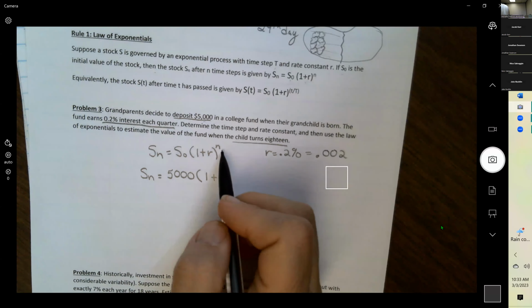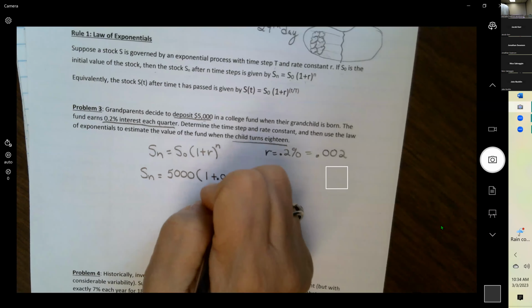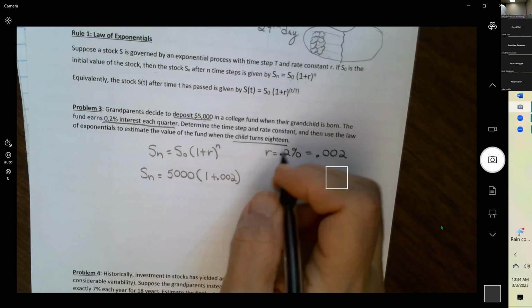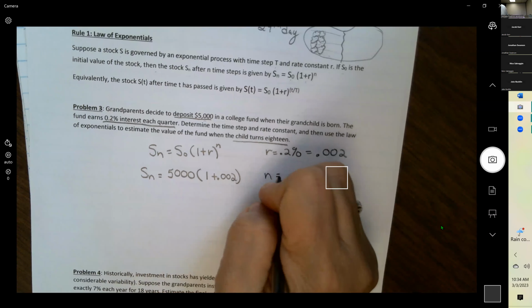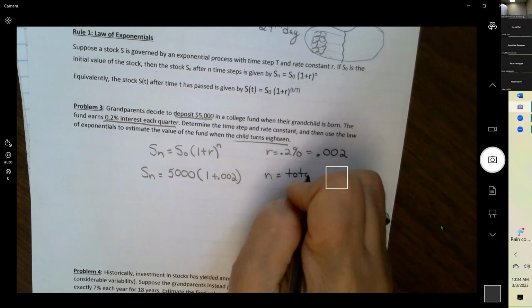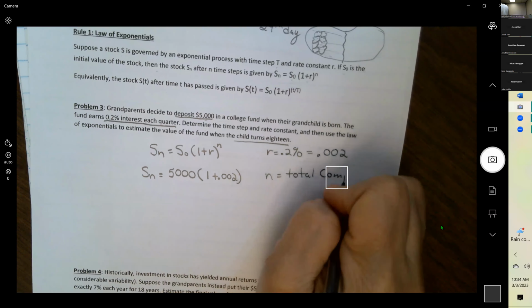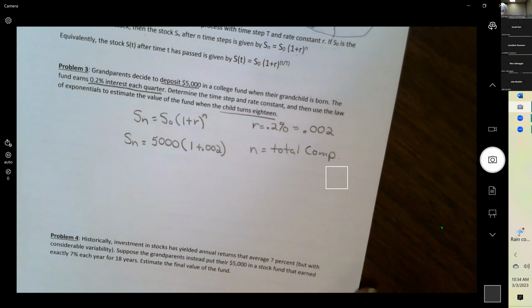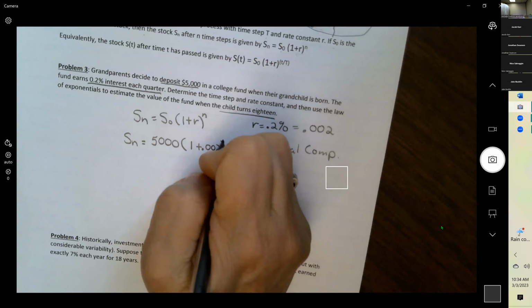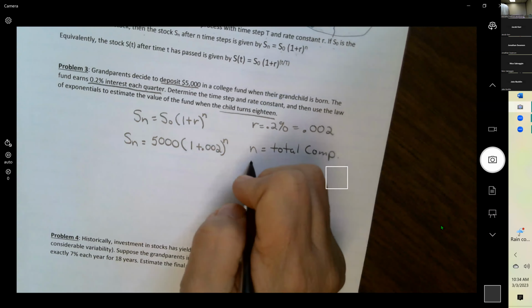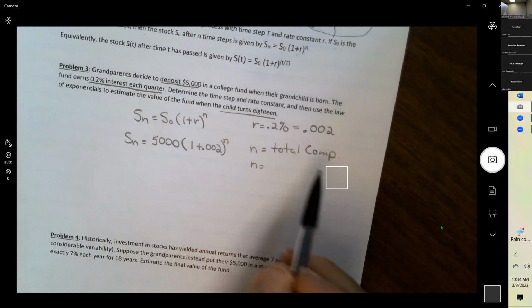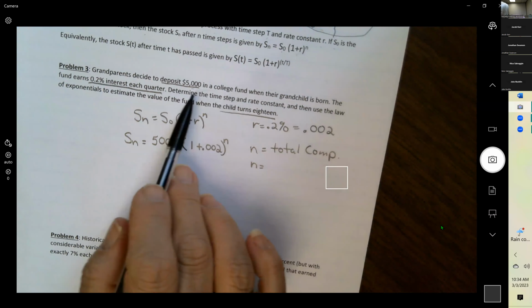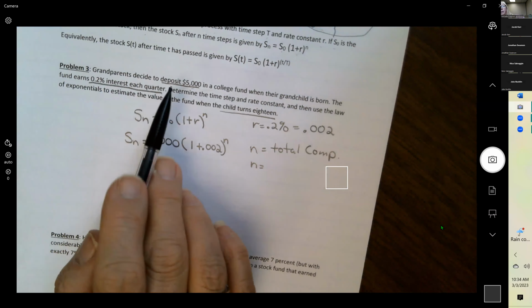If you're using n, n is the total compounding. It's compounded quarterly. Quarterly means 4 times a year.